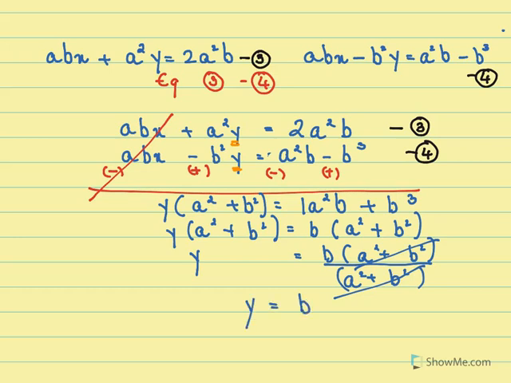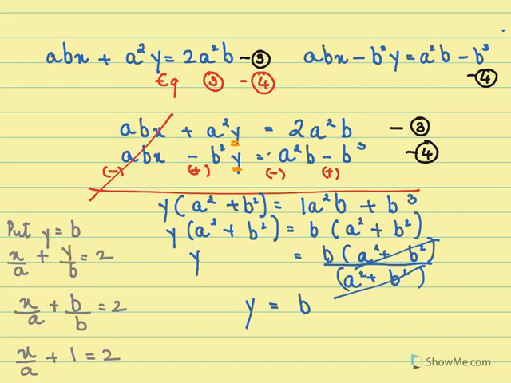Now to find x, we will just put y equal to b in any one of the equations. Say in the first equation. This was the equation given to us right in the beginning. So we get x over a. Remember our y is b, so we put b over b equals 2. So x over a plus 1, b over b cancels, 1 equal to 2.